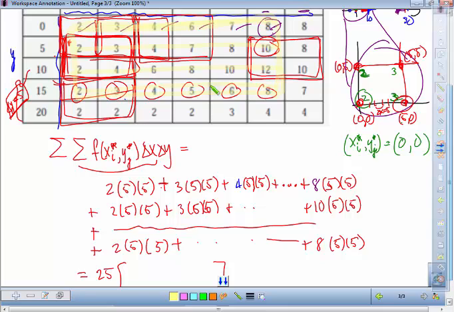Okay, so you can just add all those up, and then that would give you an estimate.